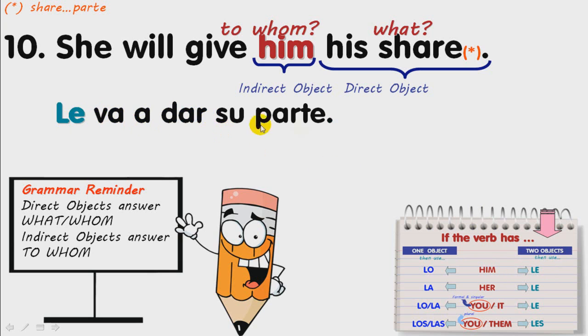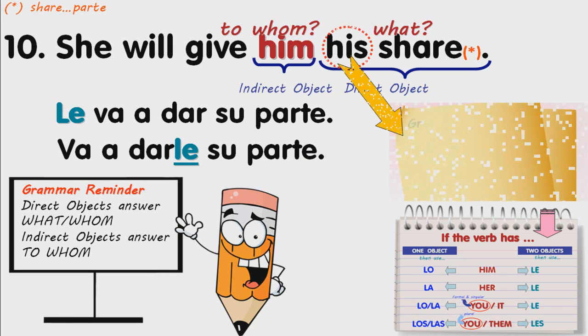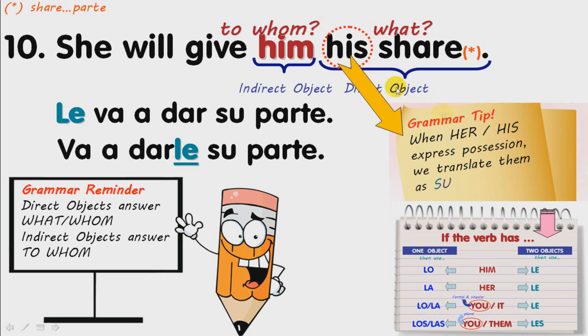Le va a dar su parte. And as we have 2 verbs, va and dar, va a darle su parte. In this case, his is translated as su because we are expressing possession. And this is the end of guided practice number 2.